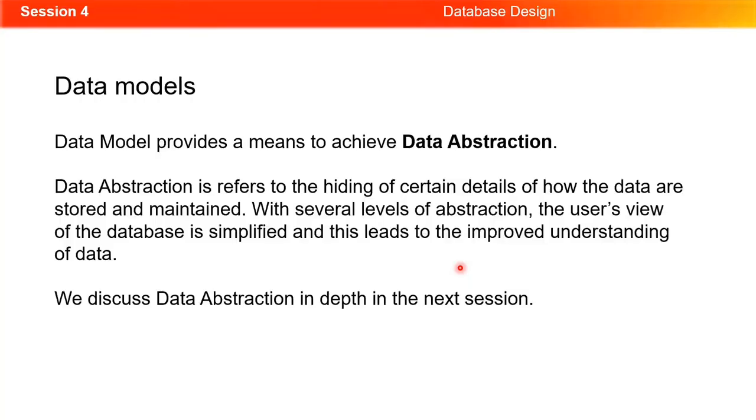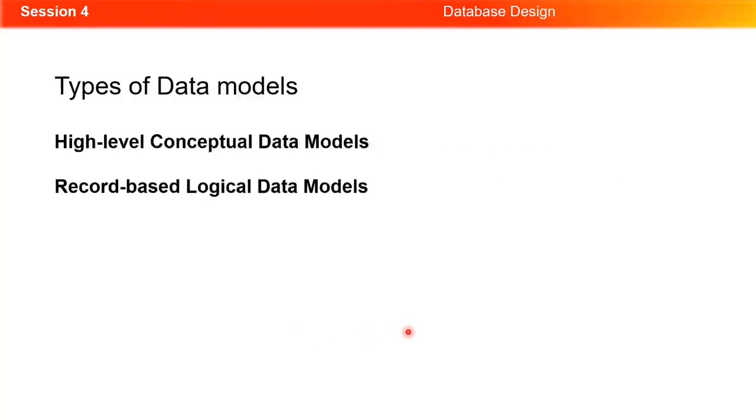With several levels of abstraction, the user's view of the database is simplified, which leads to an improved understanding of the data. In other words, we can also state this as shielding the user from the technical details of the data. We discuss data abstraction in depth in the next session.